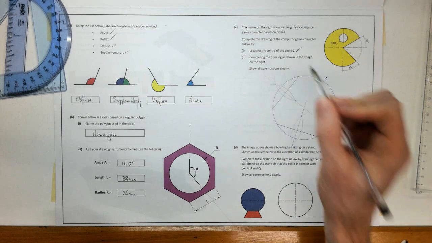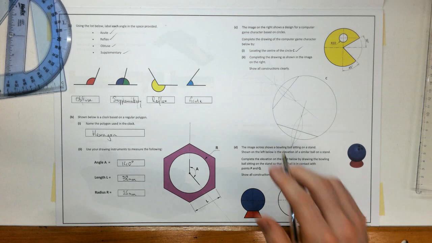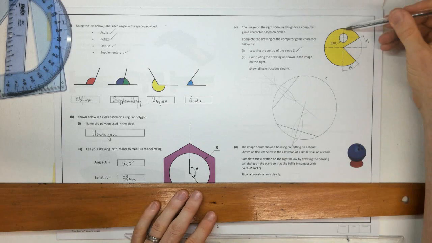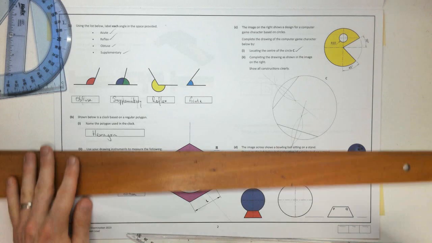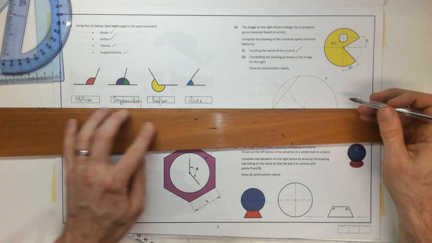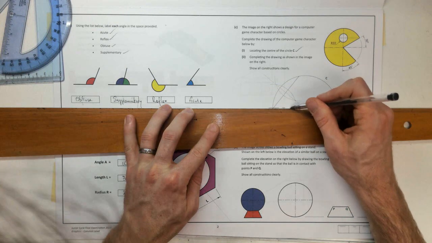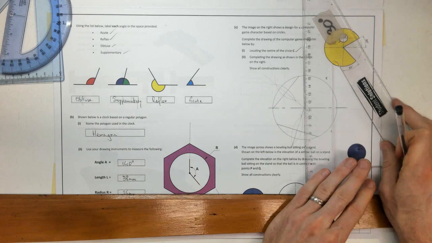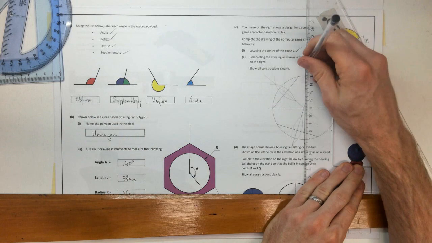Complete the drawing as shown in the image on the right and show all constructions clearly. So I'm going to start off by drawing my center lines, because I'll need them. Center line up.